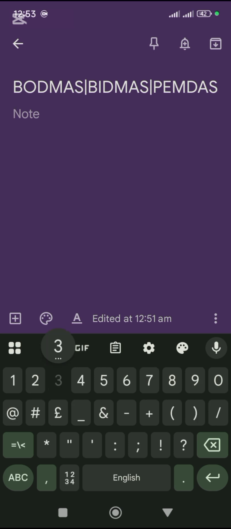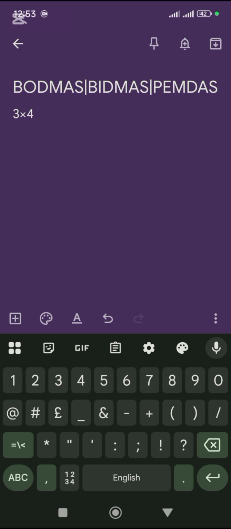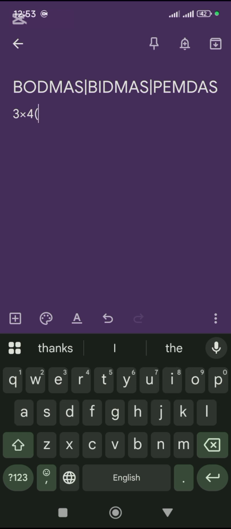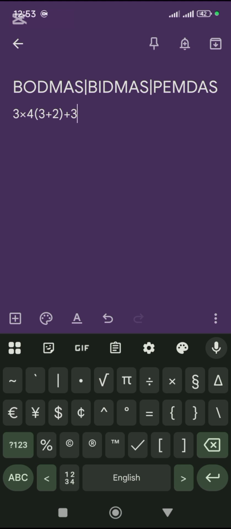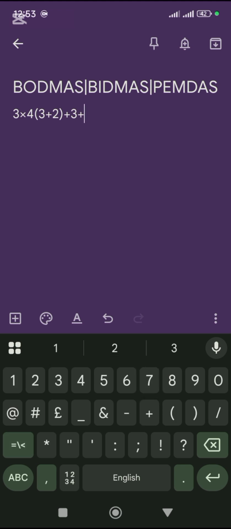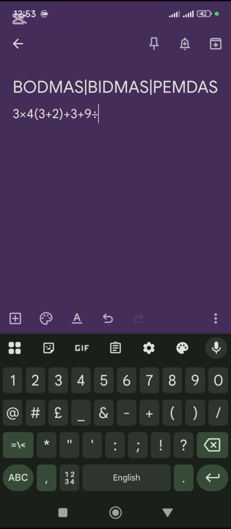Say we have 3 times 4 bracket open 3 plus 2 close bracket, plus 2 plus 3, plus 3, then 9 divided by 3.